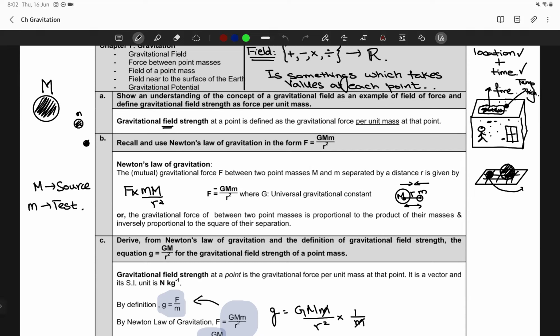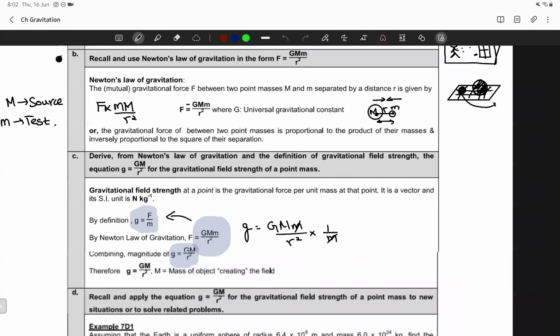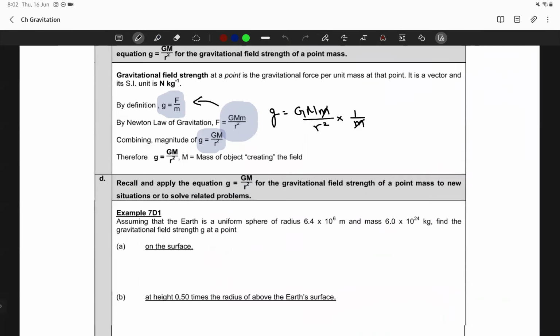Yes, sir. Okay, perfect. Any questions from what we covered in the last class? Sir, we went over the gravitational field strength, what is a field, and the formula of the force. Yes, we discussed these things.